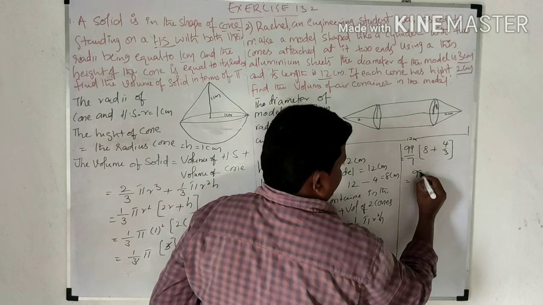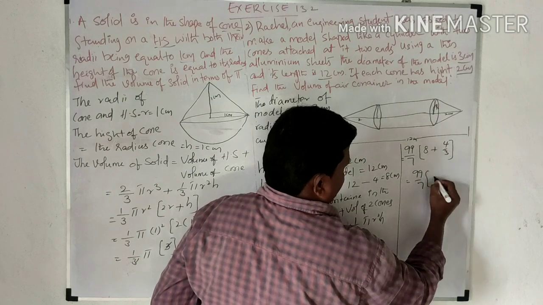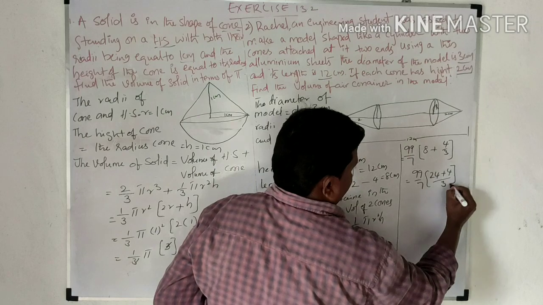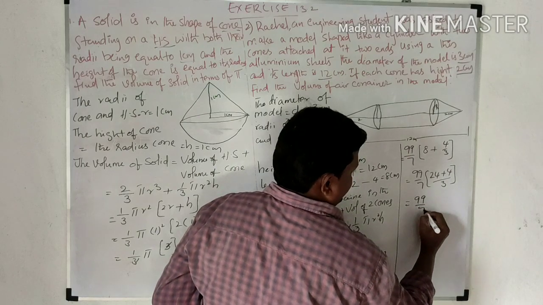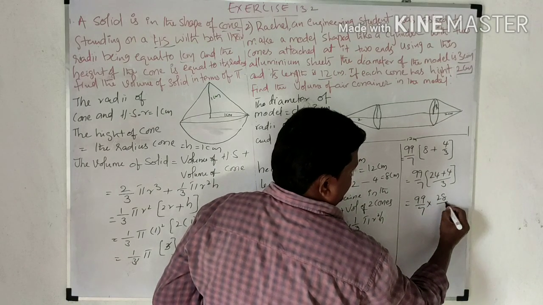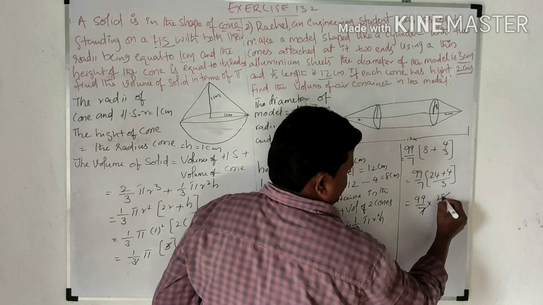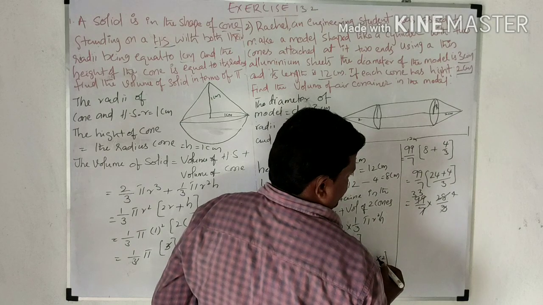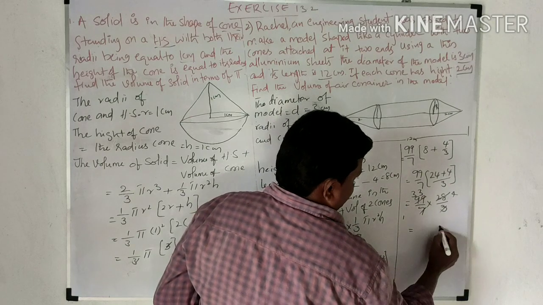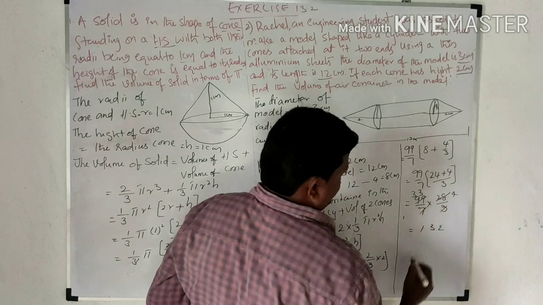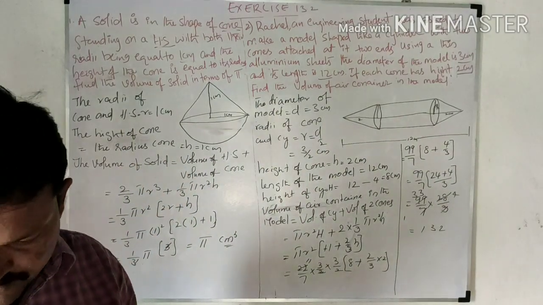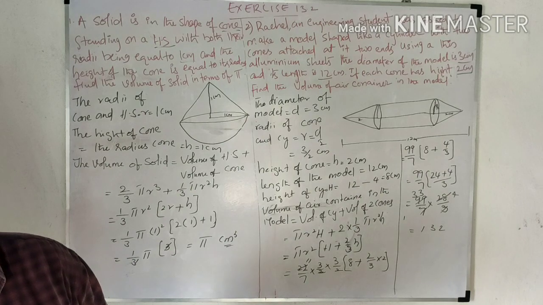So this is 99 by 7 into, cross multiply, 2 8 ja 24 plus 4 by 3. This is 99 by 7 into 28 by 3. 7 1 ja 7 4 ja, 3 1 ja 3 3 ja 3 3 ja. Okay, so it will be 4 3 ja 12, 4 3 ja 12, 30, 132.